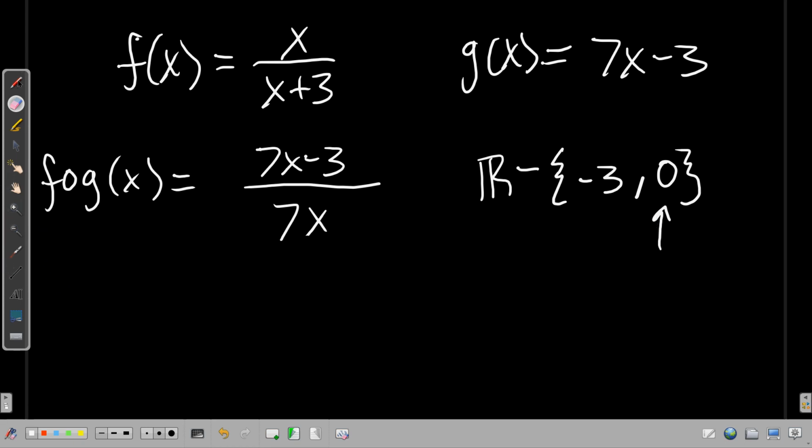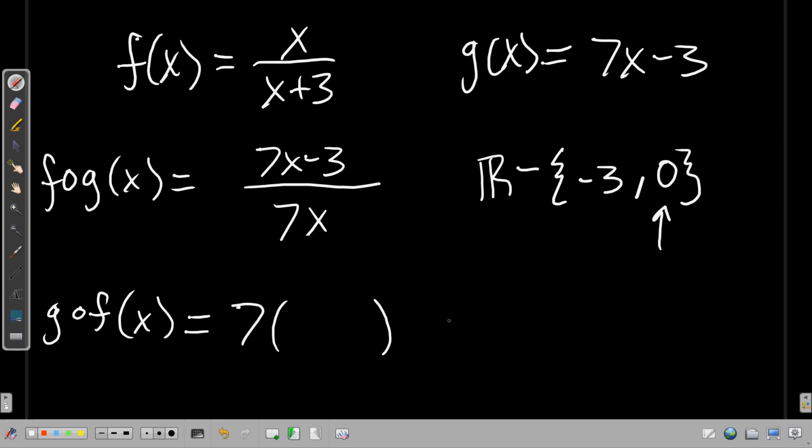What about g circle f? g circle f would be 7 times, I'm going to put f in there, and f is x over x plus 3.